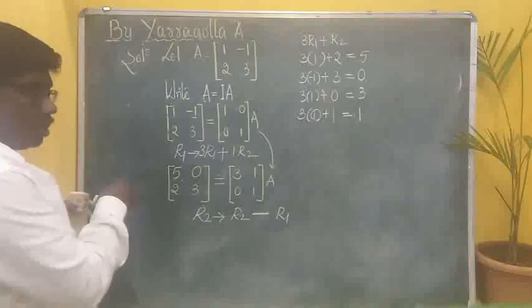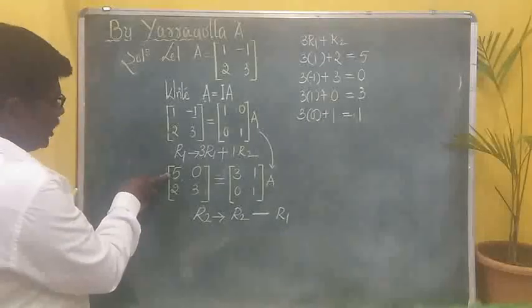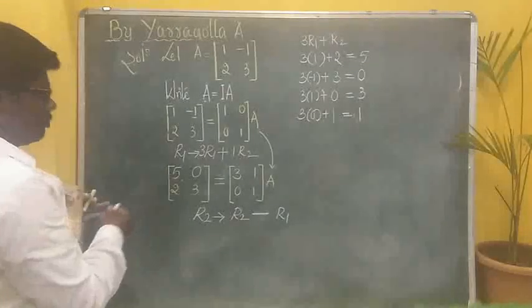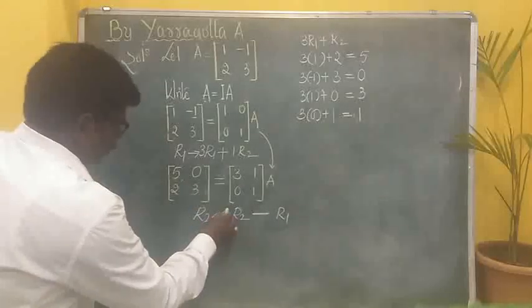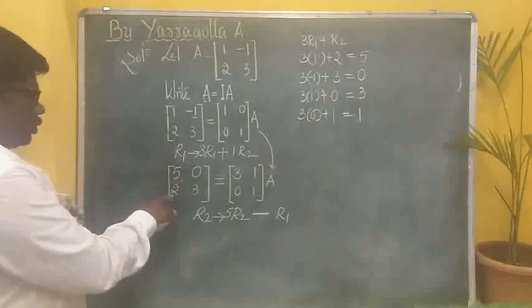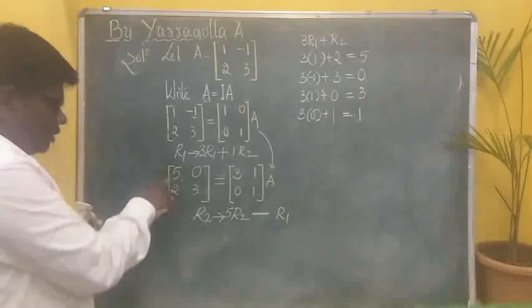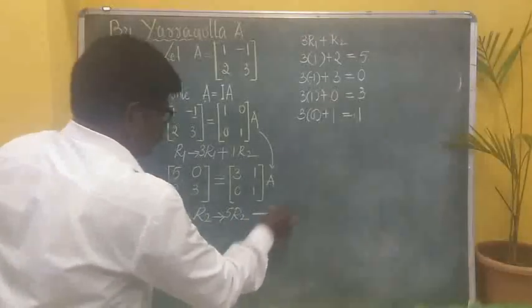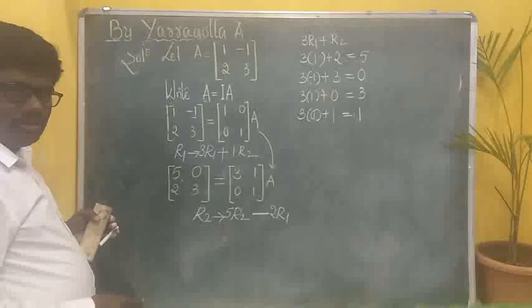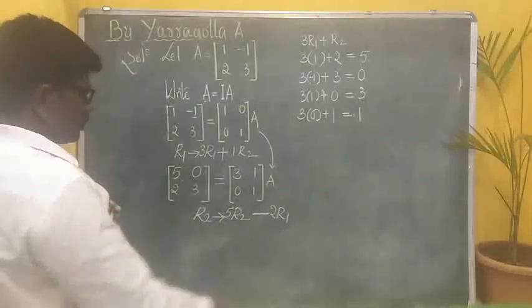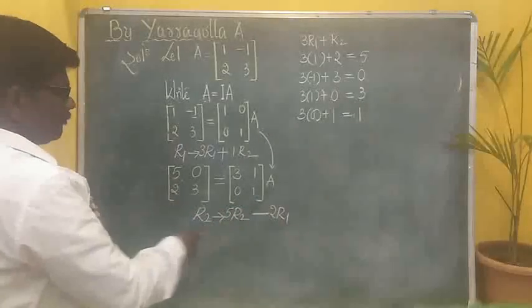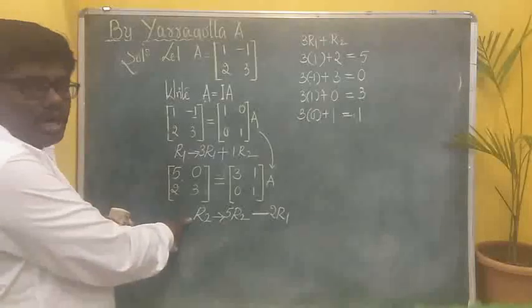After writing like this, cross multiply the numbers. 5 is in the first row. So multiply it with what? Second row. 2 is in the second row. Multiply it with first row. Okay, simple steps. Now this is our new rule. Where the changes will be? It will be in the R2.